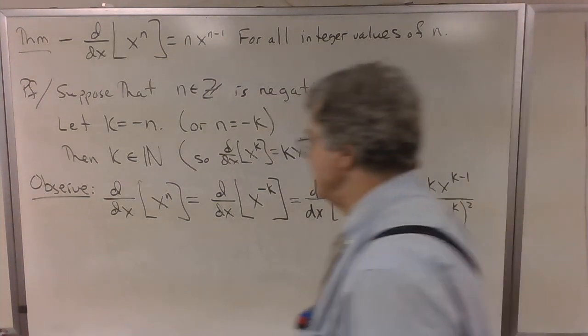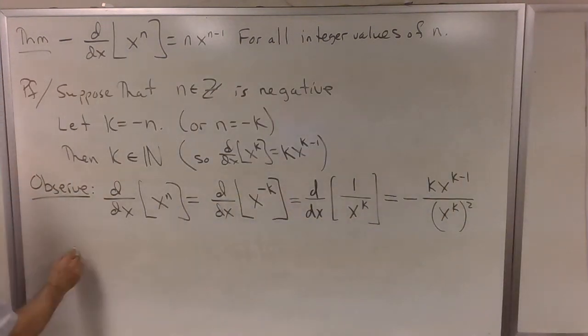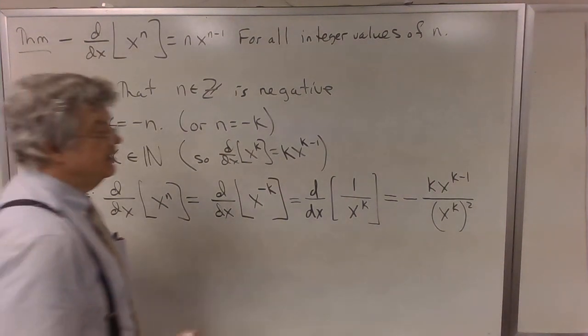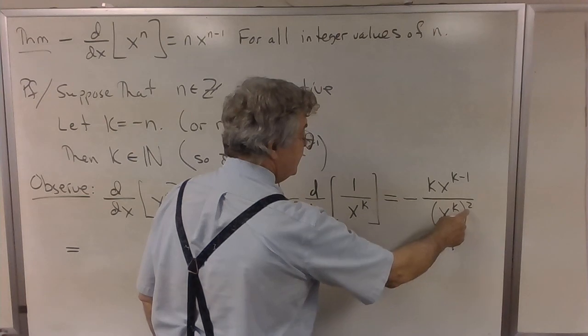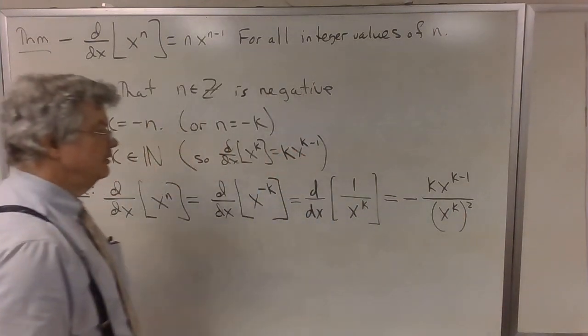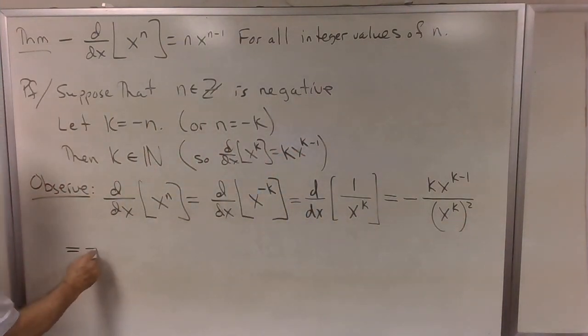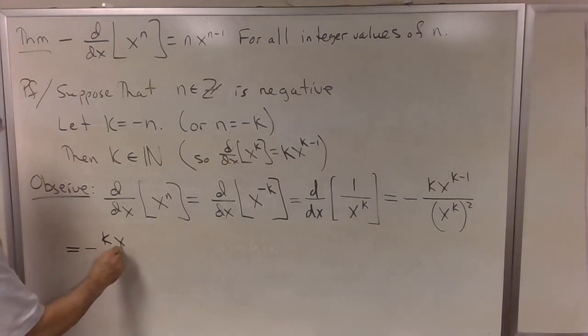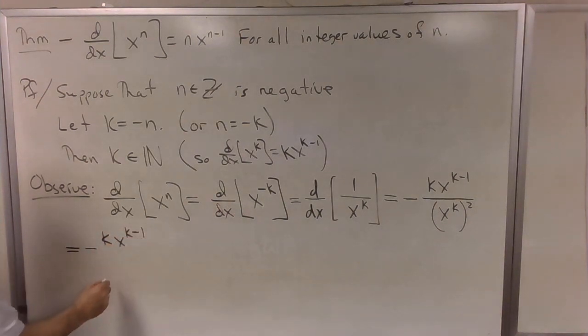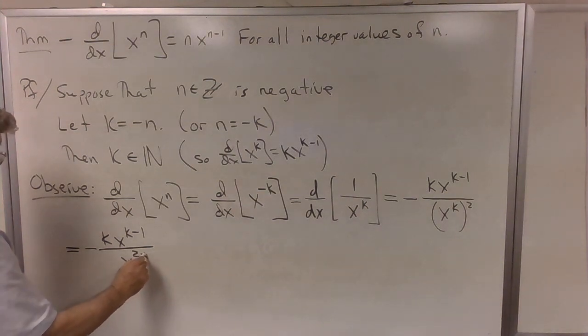Okay, now where do we go from here? On the bottom we have the exponents multiplying, so this will be x to the 2k.